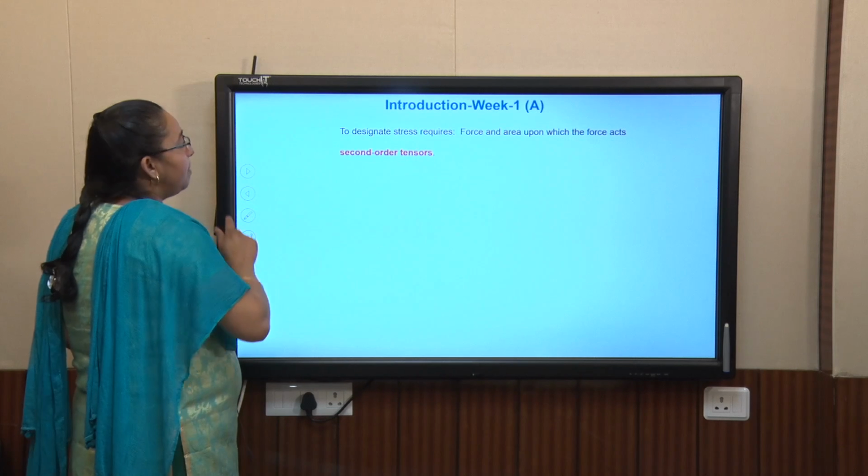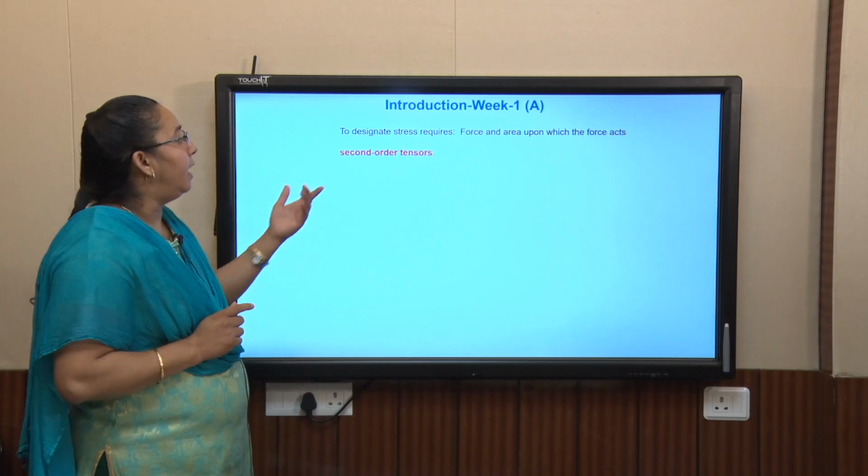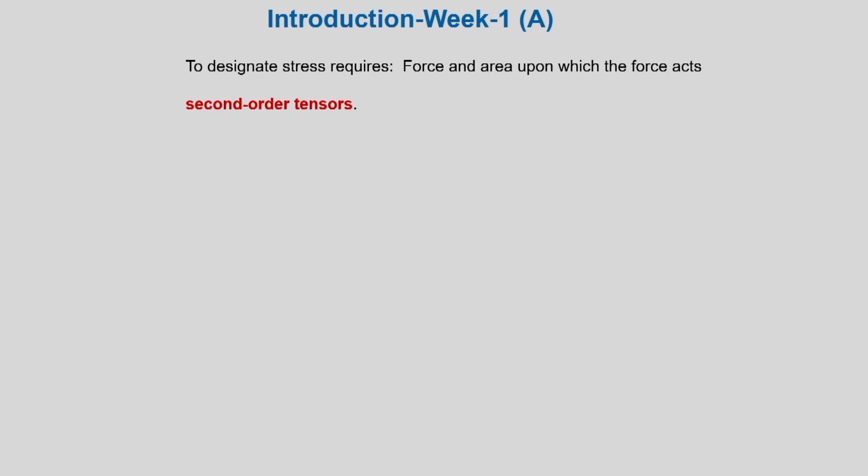But there are some other quantities like stress and strain, which require two directions. So, what do you call them? We cannot call them vectors, so we call them second order tensors. Then a vector is known as a tensor of order 1.